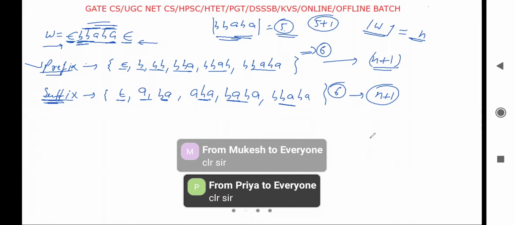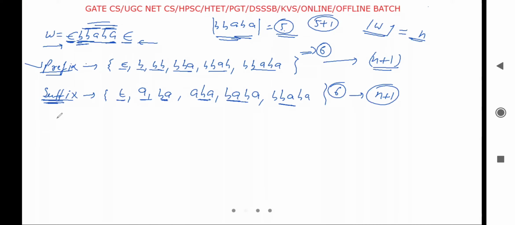Okay, fine. So let's see the next thing, that is concatenation of strings. Concatenation is represented by a dot.